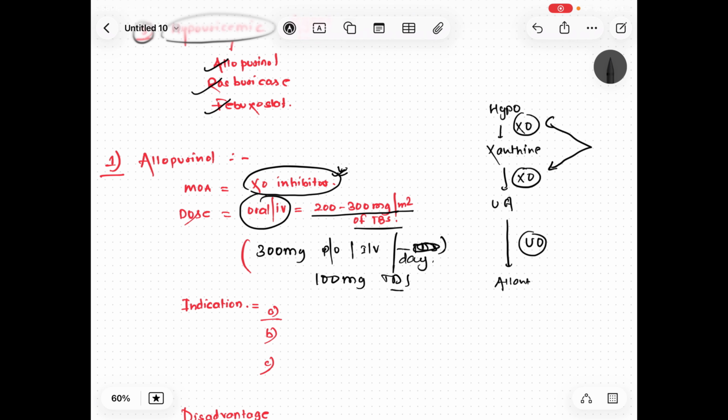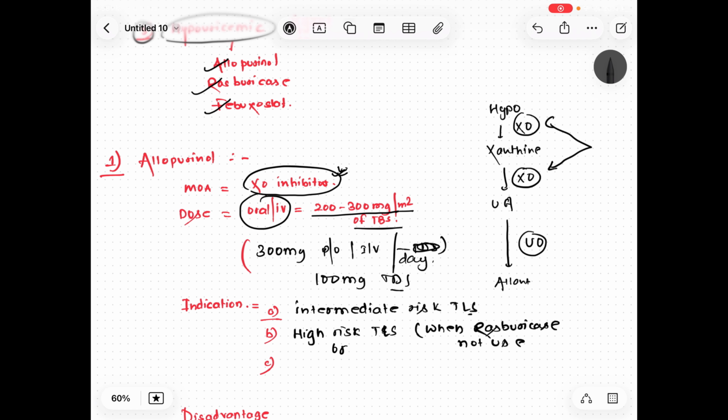So what are the indications of allopurinol? We can give it in prophylaxis and intermediate risk of TLS. In cases of high risk TLS, when rasburicase is not used, or in established TLS where rasburicase cannot be used.